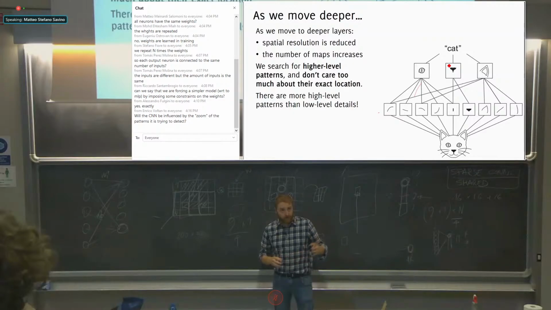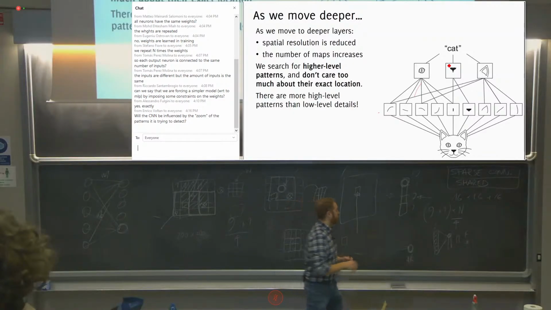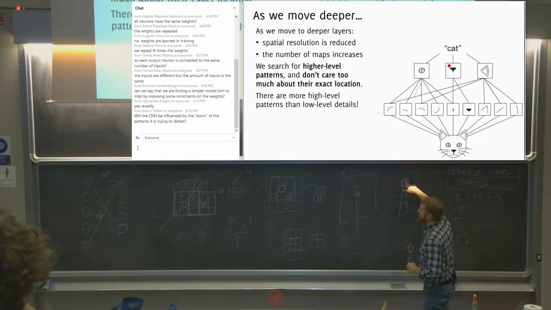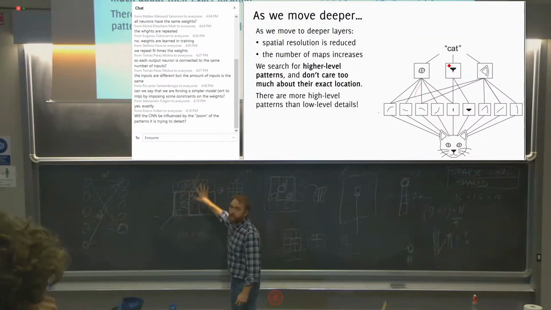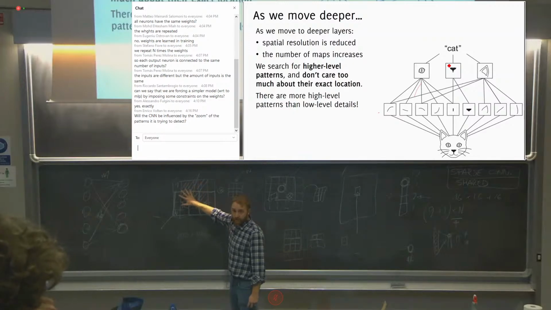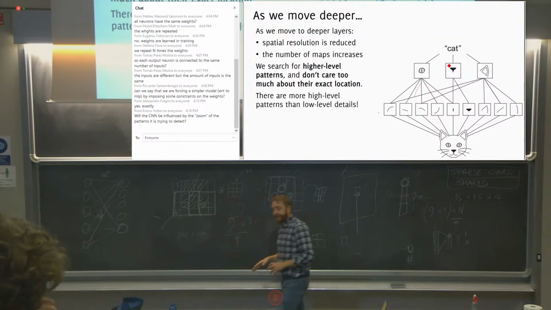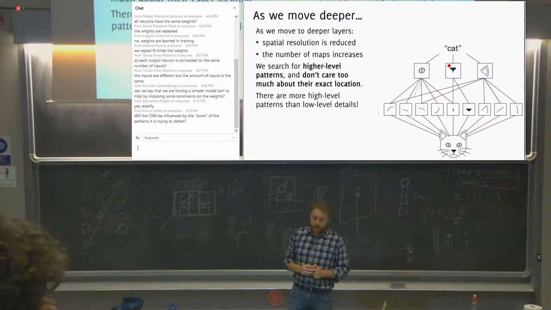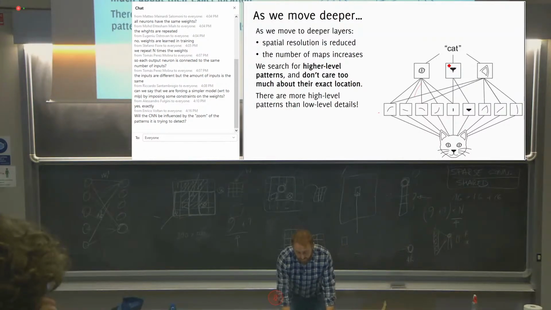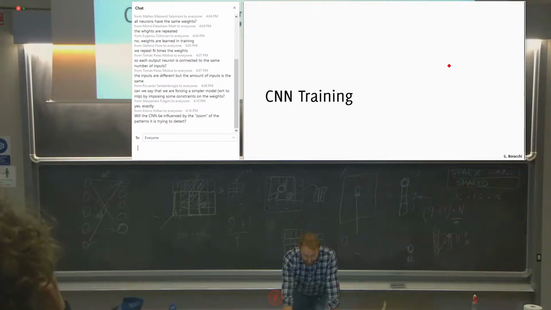You're not preserving the exact position, but you know that if here you got a large number, this means that there should be an eye in some region, the top part of the region, okay? So you are preserving some spatial relation for the outputs, and at the same time, this decreases in relevance to assess your final decision, and you get more high-level parts.